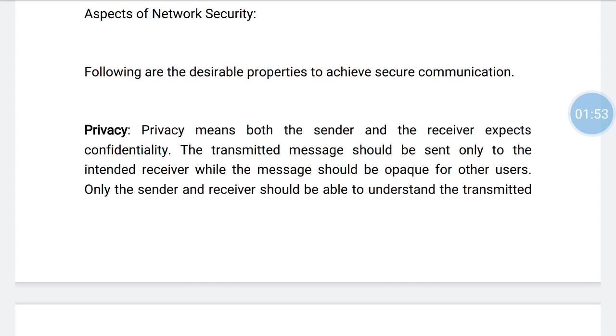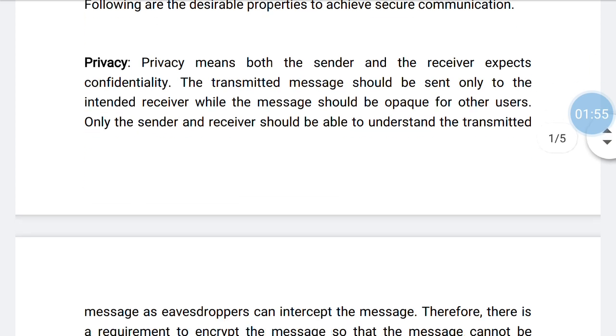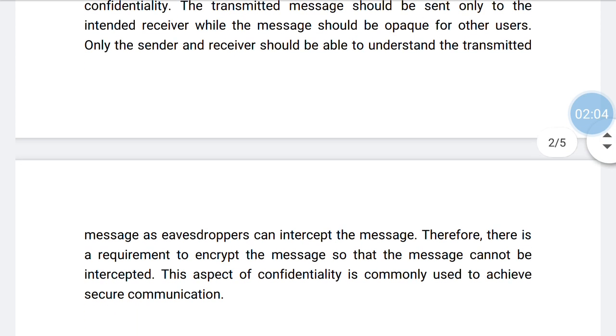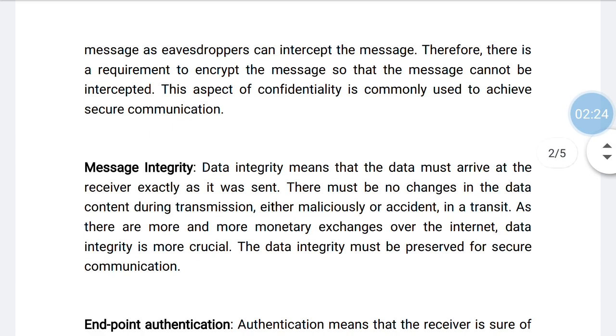Only the sender and receiver should be able to understand the transmitted message, as eavesdroppers can intercept the message. Therefore, there is a requirement to encrypt the message so that it cannot be intercepted. Eavesdropping means secretly listening to the communication of others. This aspect of confidentiality is commonly used to achieve secure communication.